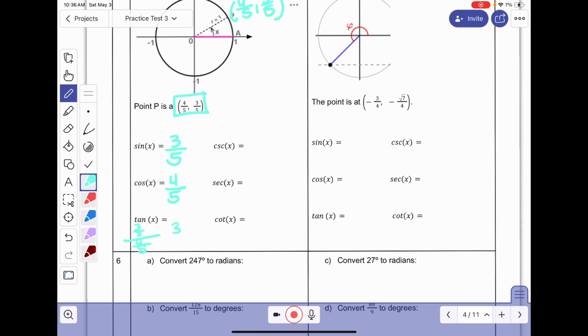The 5s are going to cancel, so you get 3/4. The other functions are the reciprocals, so we're just flipping those. So sine goes with cosecant, so we flip that fraction. Cosine goes with secant, so we flip that fraction. Tan goes with cotan, so we flip that fraction. That's all we're doing.